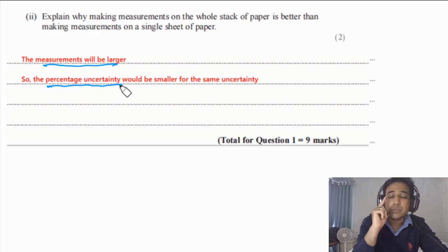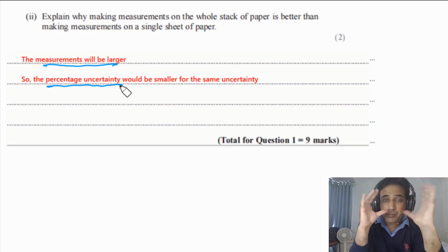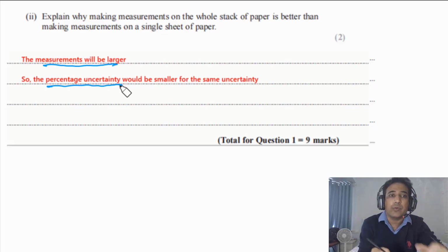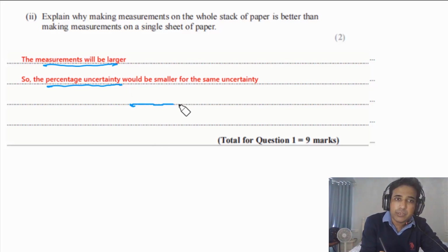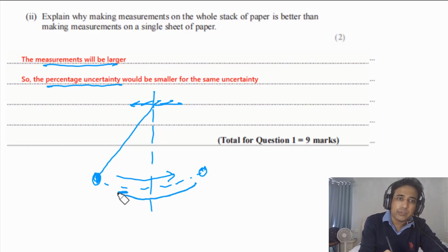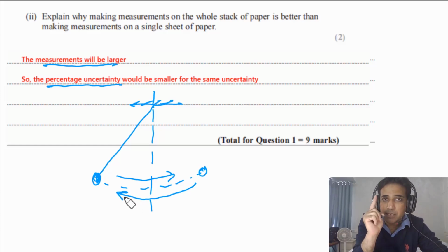You need to understand why we measure the time period for many oscillations. The same is true for a pendulum. Next time they can ask you a question about this. For example, you have a pendulum and you need to find its time period, the time taken from this point to come to this point and back again. That is one time period.